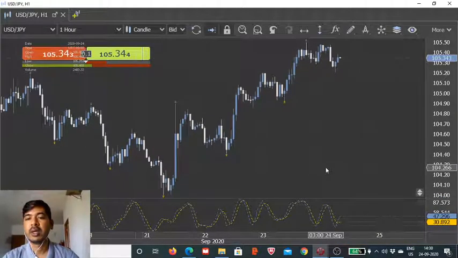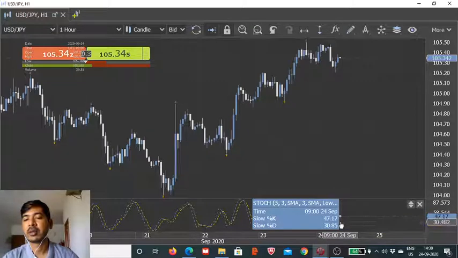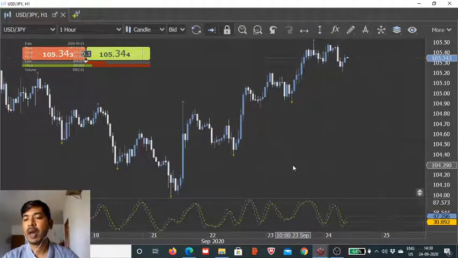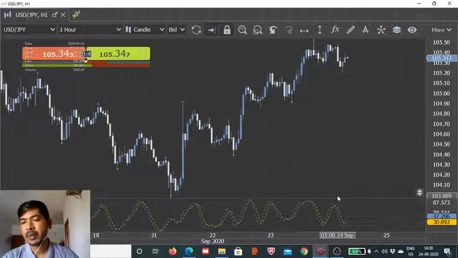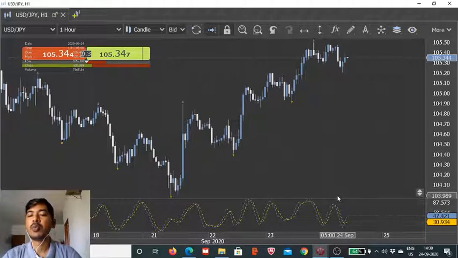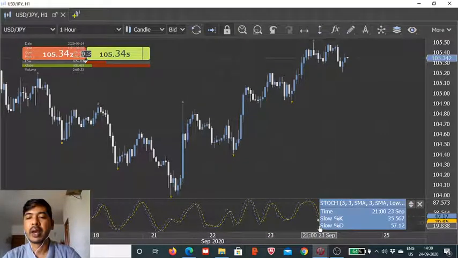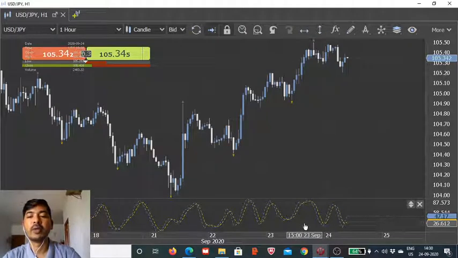So we are going to define these stochastic indicator values as per our requirement. Now coming to its functioning, we can use this indicator both ways: to get entries with the trend, and also to figure out overbought and oversold scenarios.